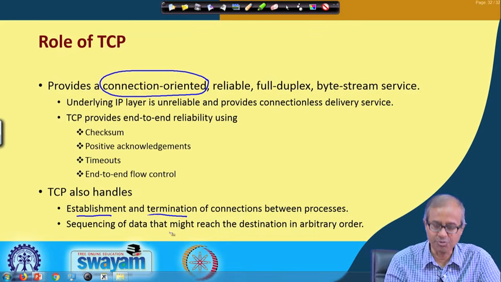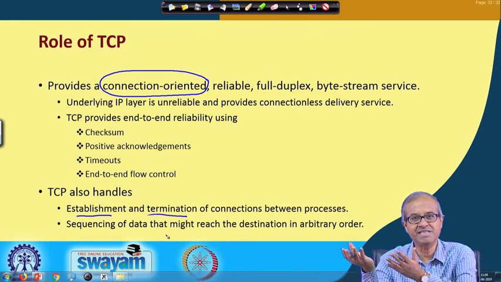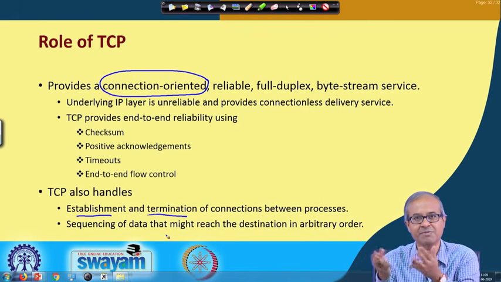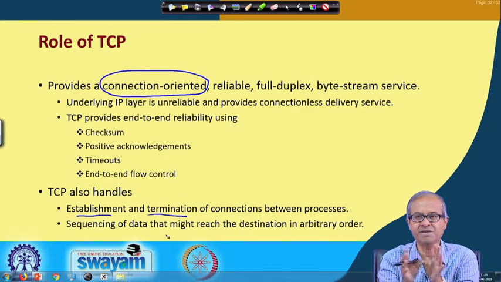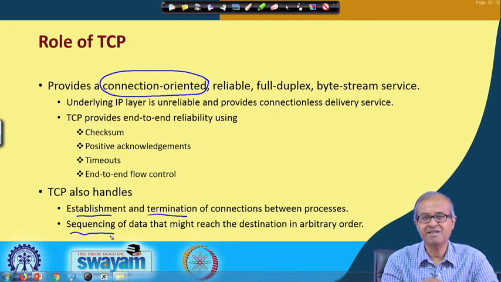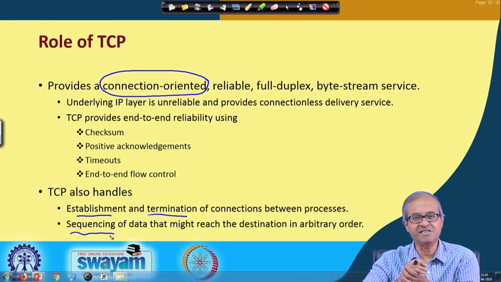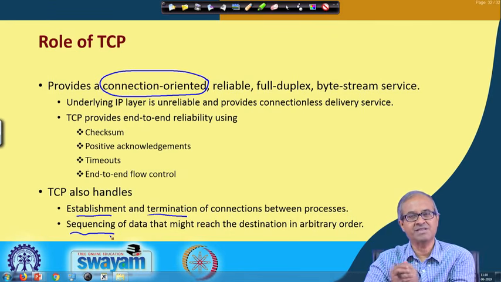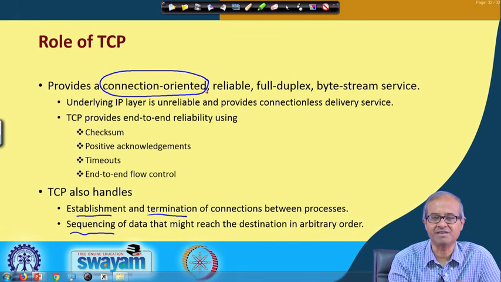And because of the datagram at the IP layer, the data might reach the destination in some arbitrary order. TCP will put together all received data in the correct order, which is called sequencing, so that the user process at the receiving end will always get the data in the correct order. That is one of the main responsibilities of TCP, and this is what we mean by connection oriented.